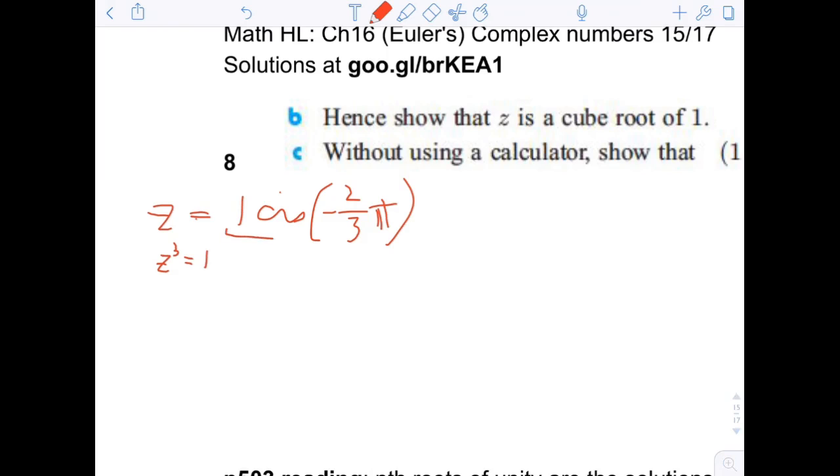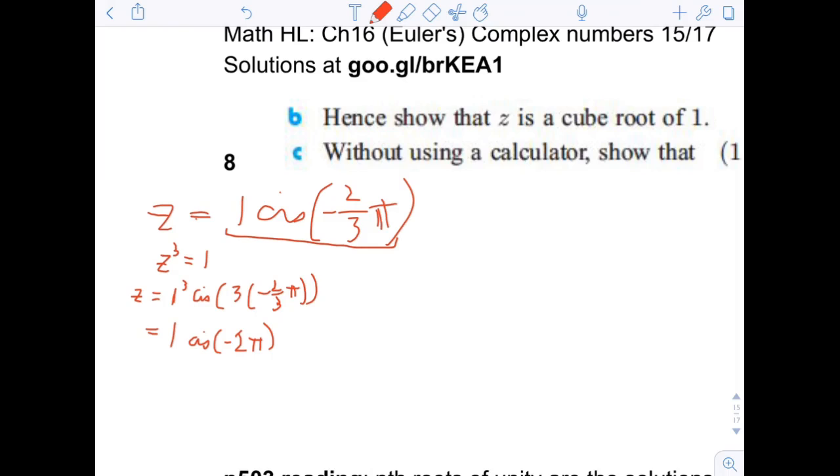So we could write that as 1 cubed cis 3 times negative 2/3 pi, which is equal to 1 times cis negative 2 pi.